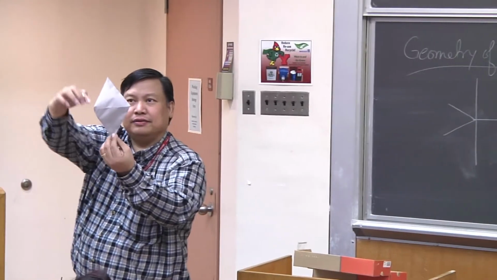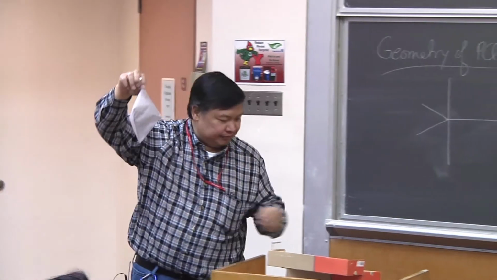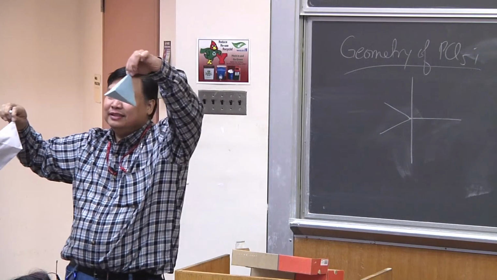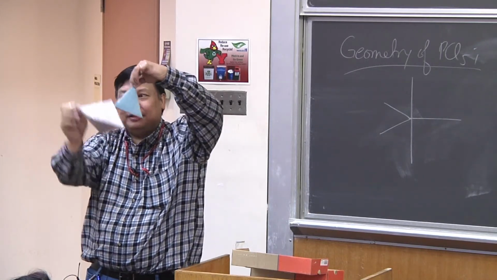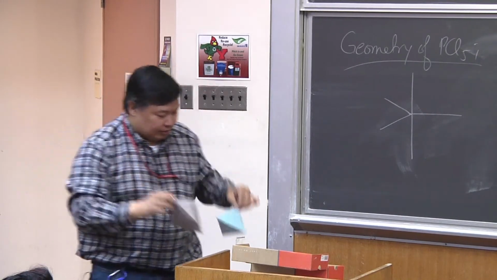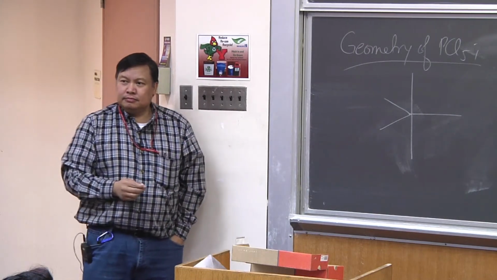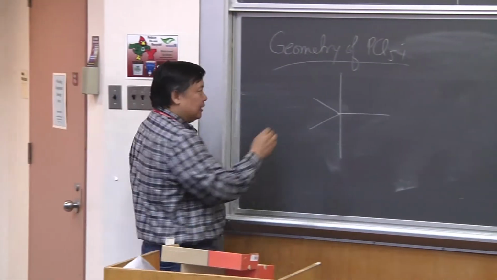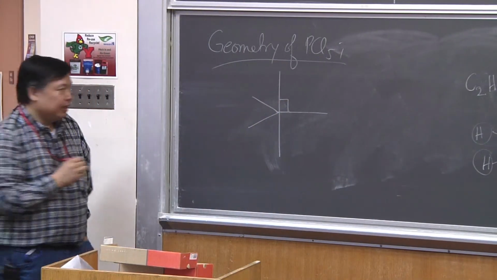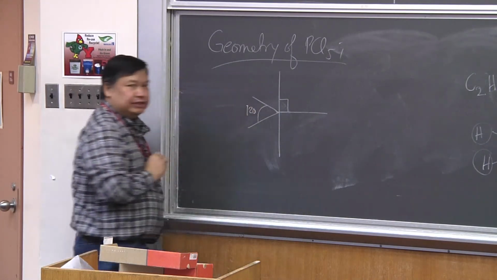So there are 1, 2, 3, 4, 5 corners. To give you a perspective, remember the tetrahedral? There's 1, 2, 3, 4. Those are the bases of the different shapes. Going back to this, what are the angles then? This one over here has to be 90 degrees, and this one would be 120.